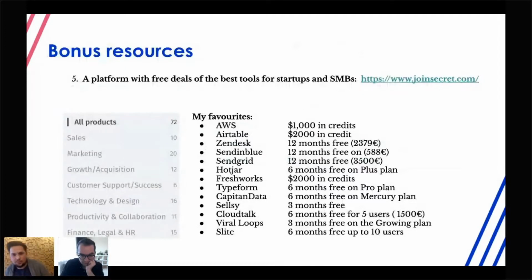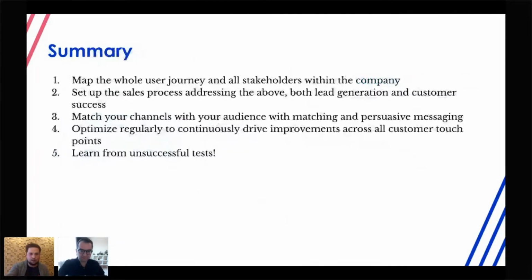The most interesting ones can be Airtable for 2,000 in credits just for free, AWS, SendGrid, Sendinblue, Zendesk. A lot of these tools are offering you help to survive these uncertain times, so you can just switch to them for the time when your marketing budgets are reduced.